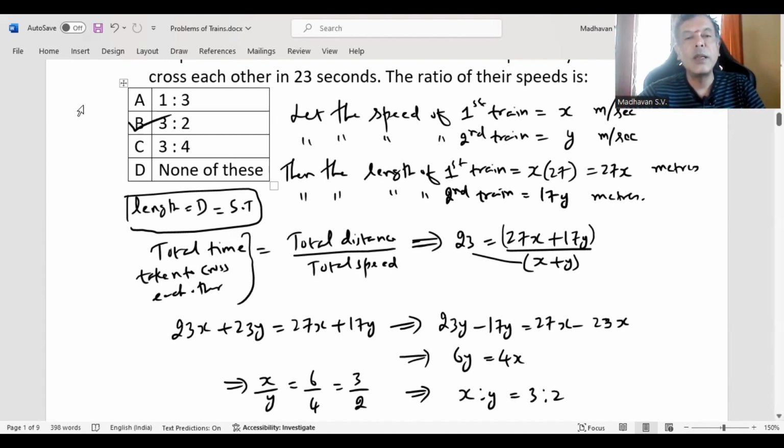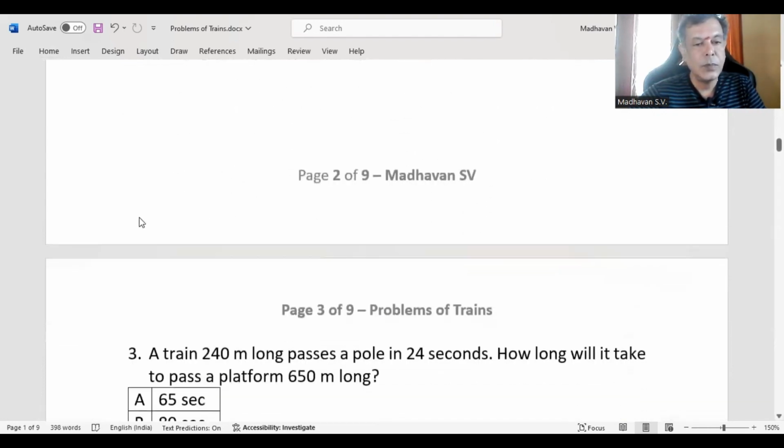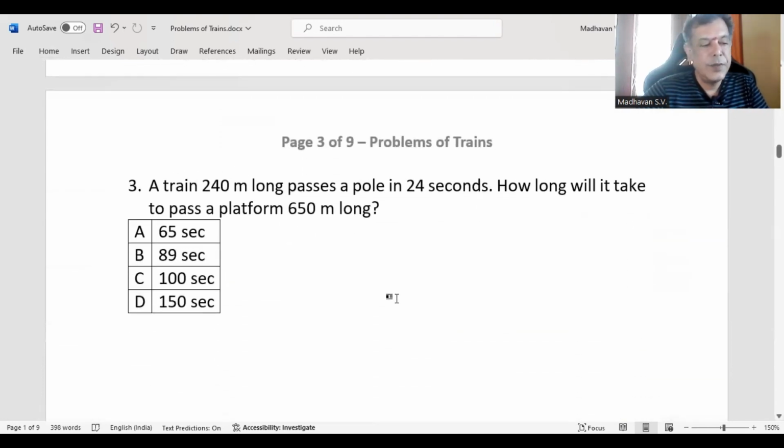Let us move on to the next question. Question 3. If a train 240-meter long passes a pole in 24 seconds, how long will it take to pass a platform 650-meter long?